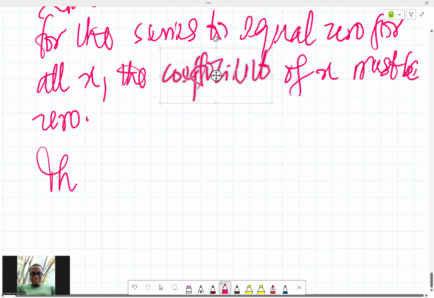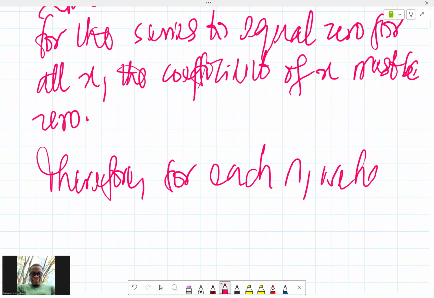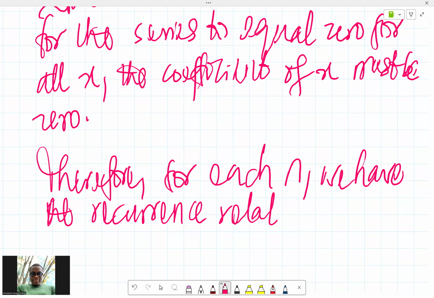So therefore, for each n, we have the recurrence relation.